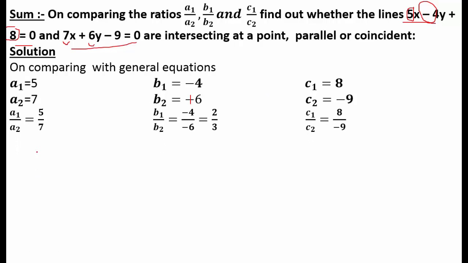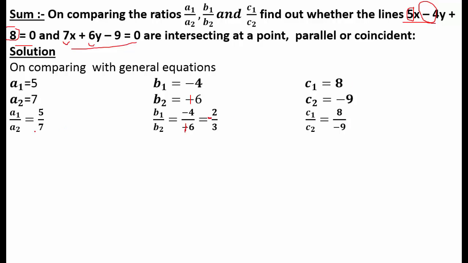Now a1 by a2 is 5 by 7, b1 by b2 is -4 by +6. This will become -2 by 3, and c1 by c2 will be 8 divided by -9.